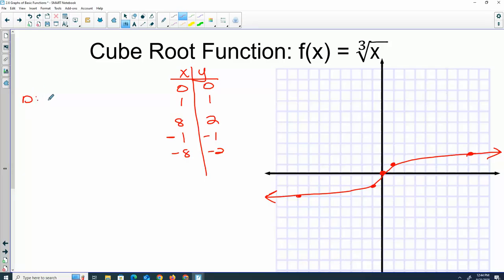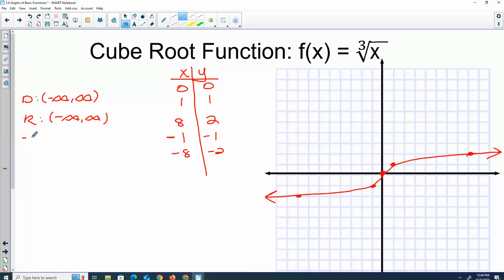What's the domain of that? What would be the range? Is this thing increasing, decreasing, or constant?